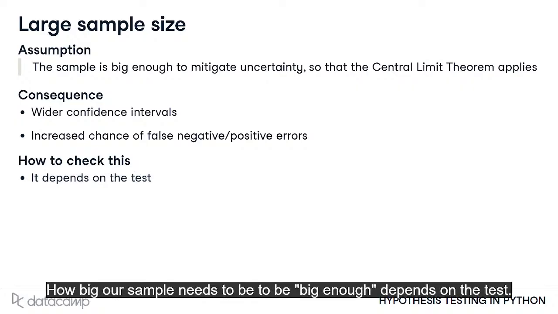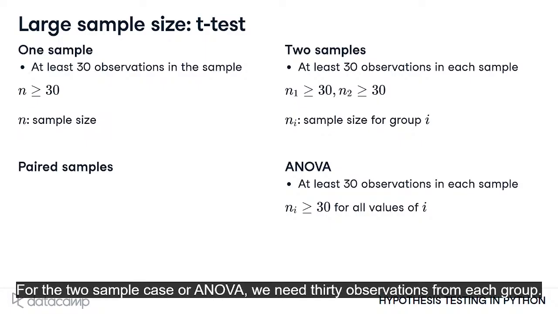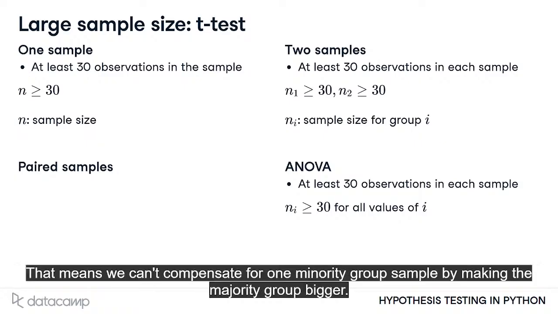How big our sample needs to be depends on the test. For one sample t-tests, a popular heuristic is that we need at least 30 observations in our sample. For the two-sample case, or ANOVA, we need 30 observations from each group.